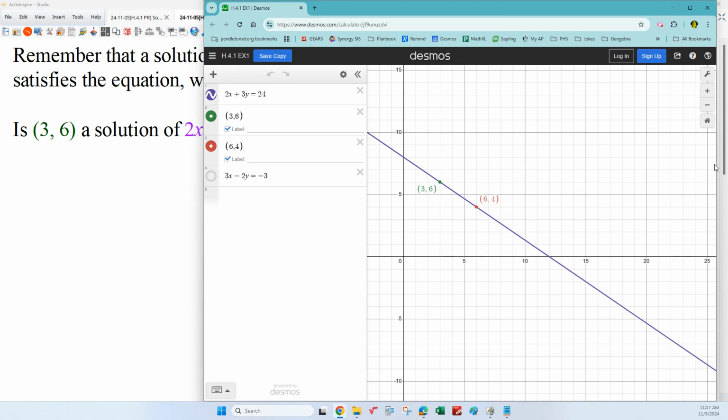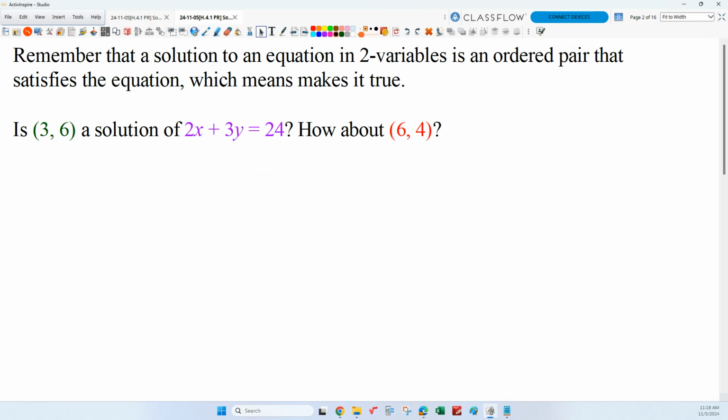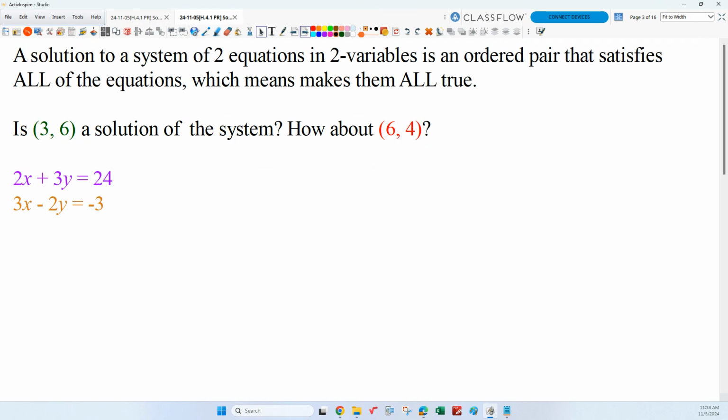Okay, so what happens if we add another line? Now we have a system. A system of equations just means more than 1 equation at the same time. So now I've got a 2 by 2 system, 2 equations in 2 different variables or unknowns. Is (3, 6) a solution of the red equation?